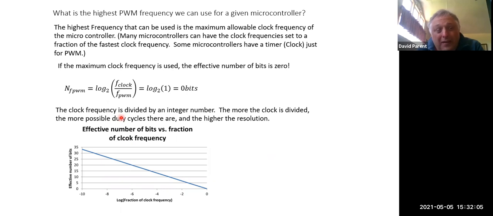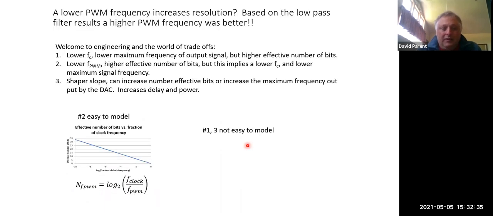So if I'm at 1 megahertz and I have a 500 kilohertz frequency of my pulse width modulated signal, I can really only have 2 values because it can only count. And so because of this, the smaller the frequency of the pulse width modulated DAC, the more bits I can get out of it because there's more things I can divide it into.